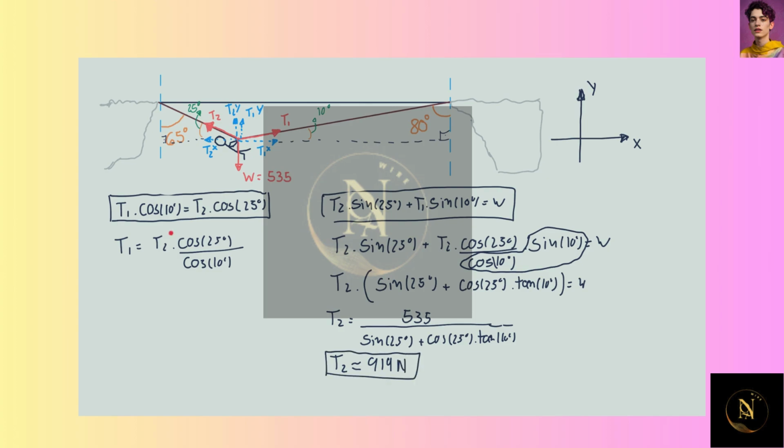Then we can go back to this equation to calculate the tension number 1. The tension number 1 is then given by 919 times the cosine of 25 degrees divided by the cosine of 10 degrees. And this results in a tension of approximately 845 newtons. And this is the answer to the question.